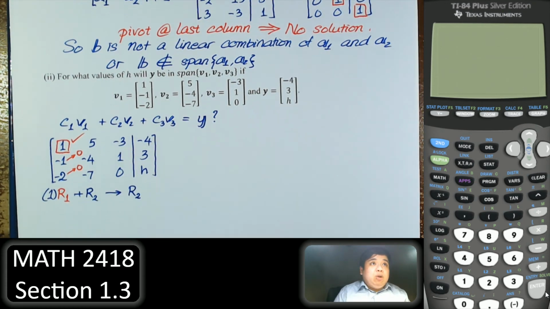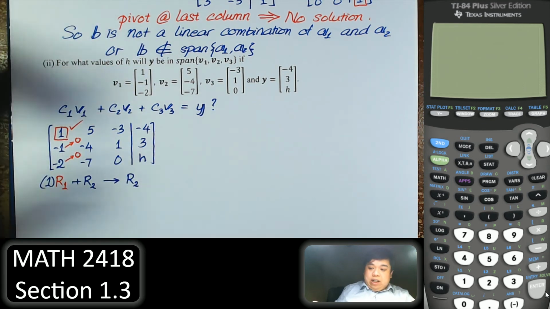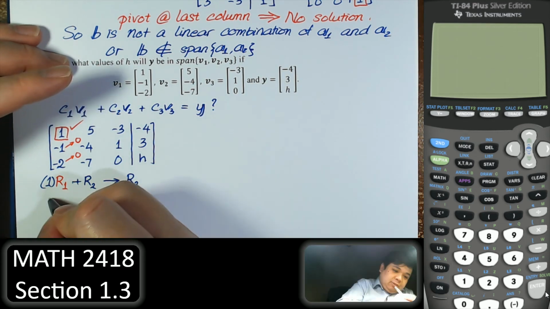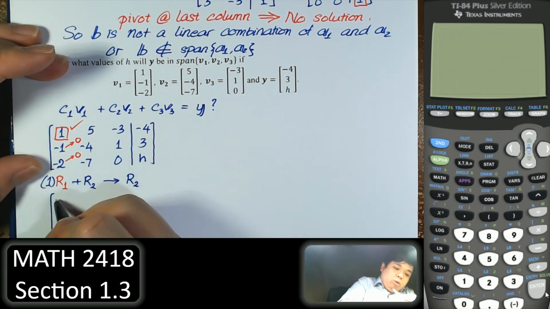Right. I'm going to do this by hand because there's h later on. We cannot use a calculator anyway. So row 1 and row 3 will stay the same.